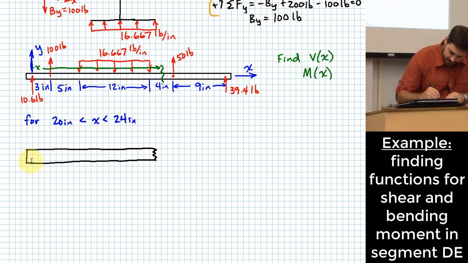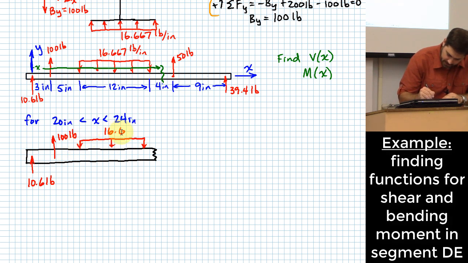All right. We got to be quick here. So we've got 10.6 pounds, 100 pounds. We've got our whole length of our distributed load, 16.667 pounds per inch. We've got our positively oriented reactions.